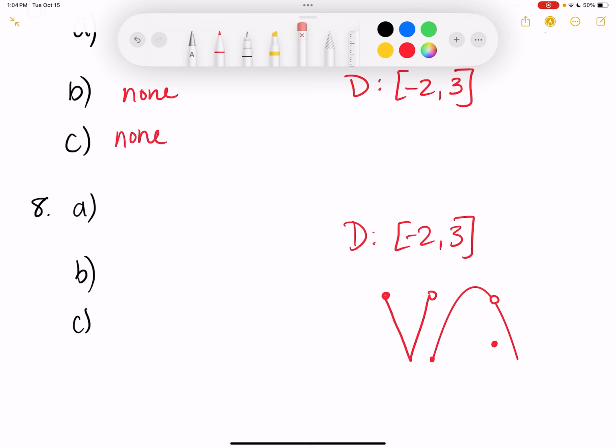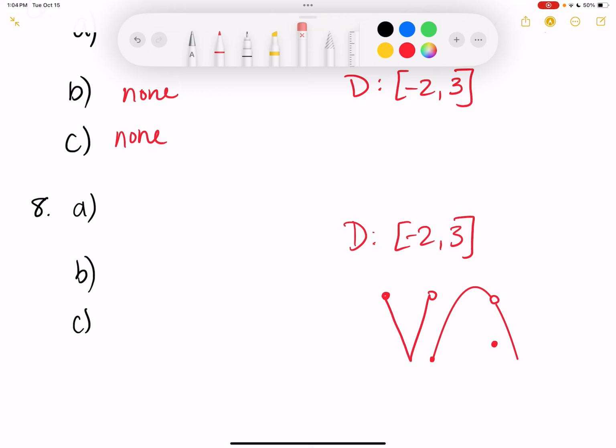At what points on the domain does this function appear to be differentiable? Like all points except for x equals 0 and x equals 2. And -1. Why?